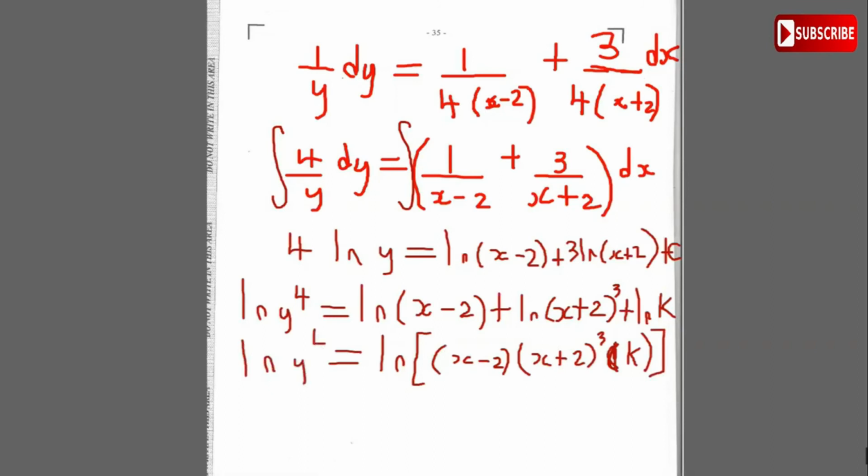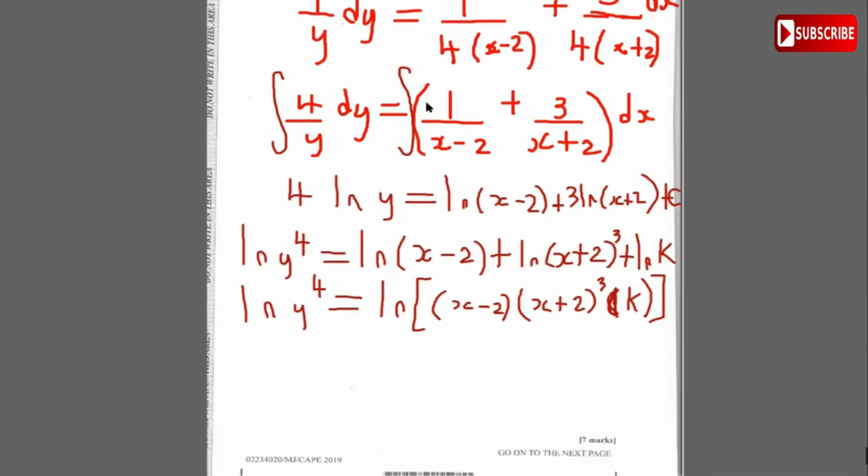The logs cancel, leaving y to the 4 is equal to x minus 2 times x plus 2 cubed times some constant k. Let's put the constant in front.